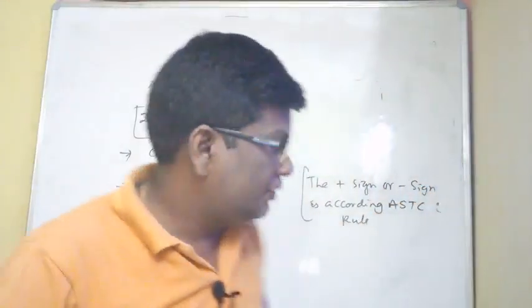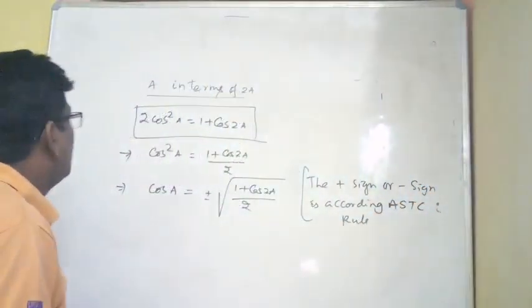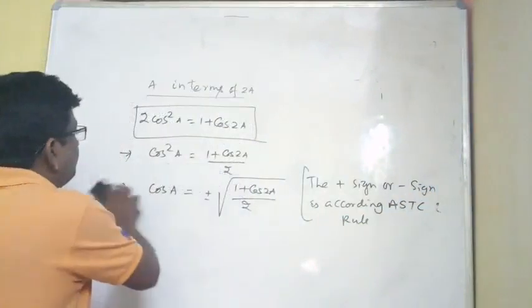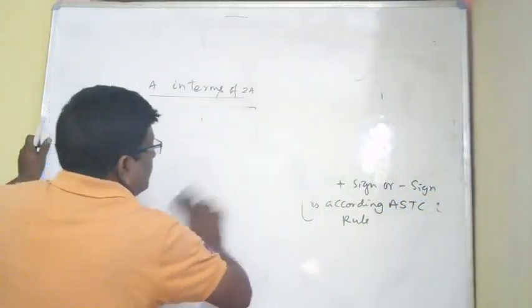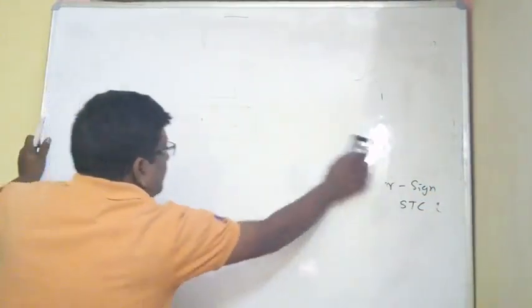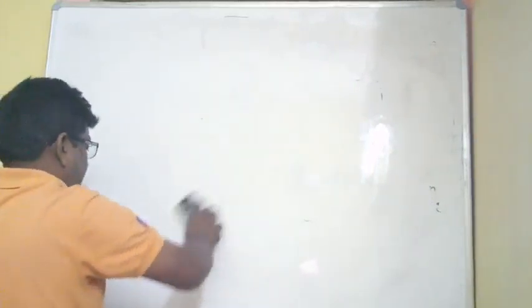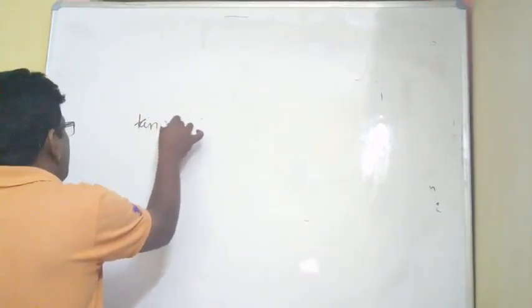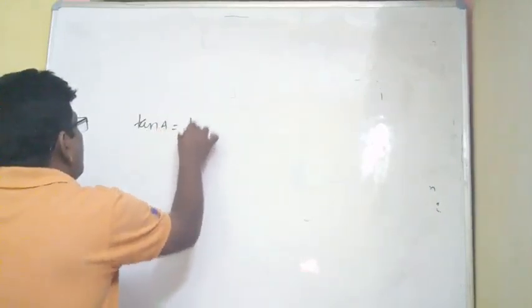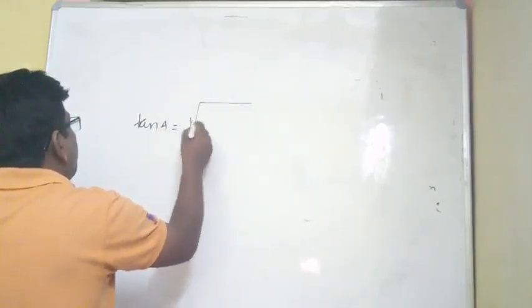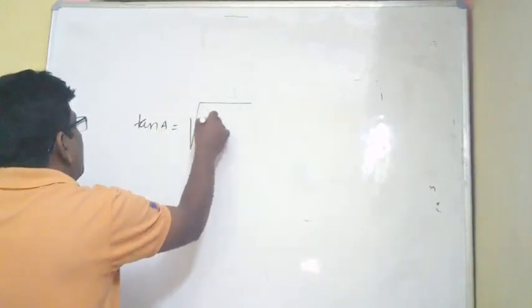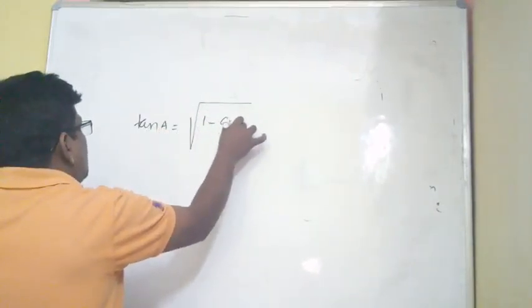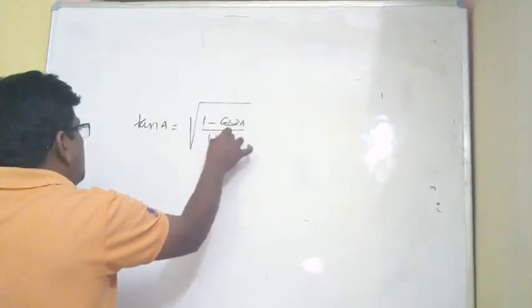Then tan A. Tan A is equal to square root of 1 minus cos 2A by 1 plus cos 2A.